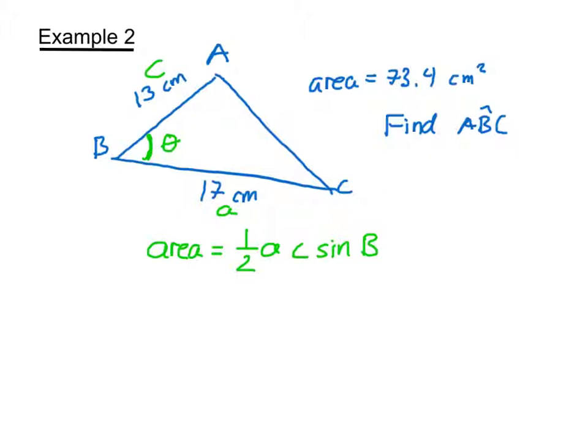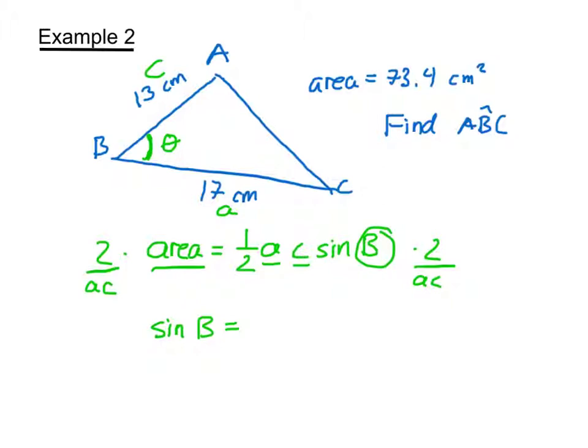Now I know area, I know a, and I know c, and I'm asked to find B. So I want to get B alone here. I need to do a little bit of algebra. I'm going to multiply both sides of the equation by 2. I'm also going to divide both sides of the equation by ac, so that I have sine B equals 2 times the area divided by a times c.